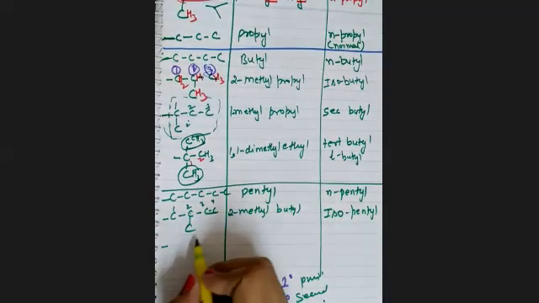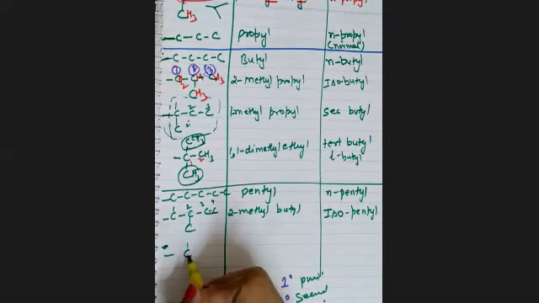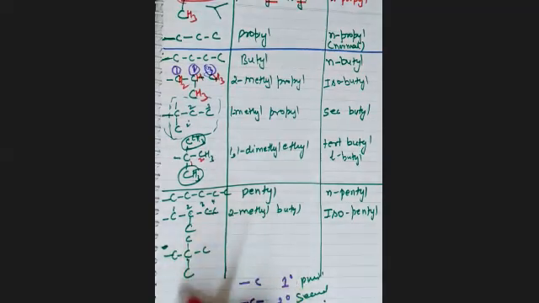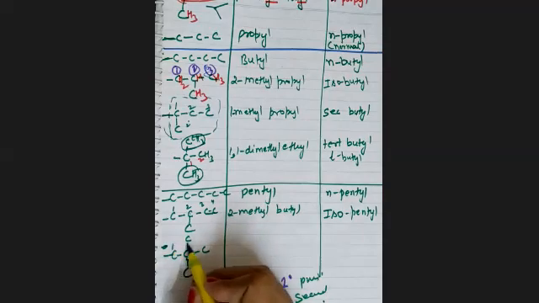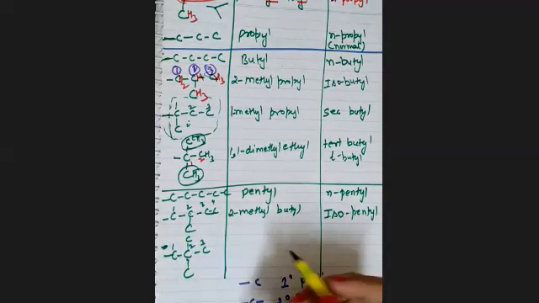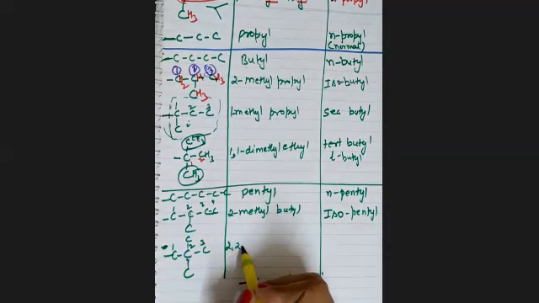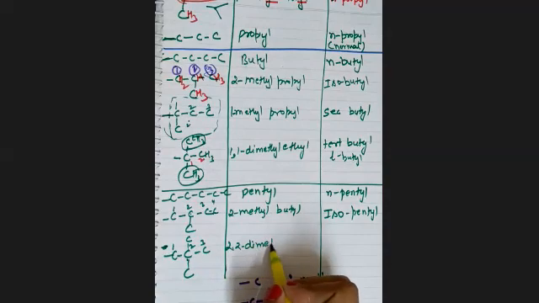Let's just take one more arrangement. Sometimes you can see a carbon. 1, 2, 1, 2, 3. See, 5 carbons are here. 1, 2, 3, 4, 5. So this will be like 1, 2, and 3. So 2, 2-dimethyl propyl.